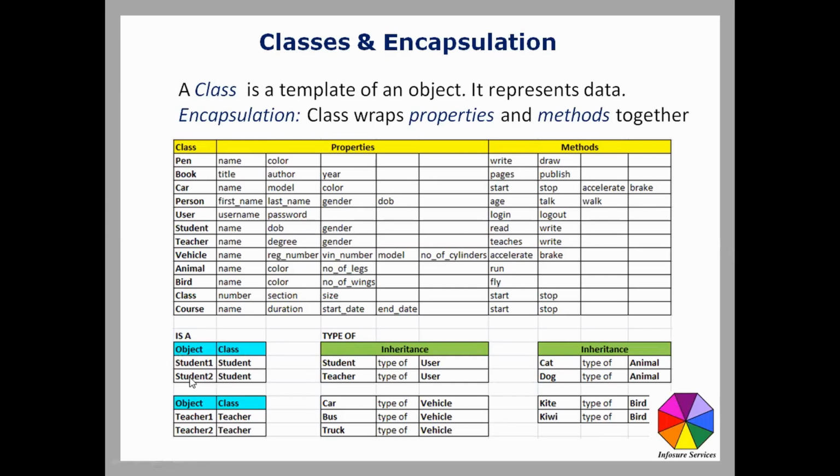So the relationship between an object and a class is an "is a" type of relationship. Object is an instance of a class. Student 2 is a student as well. Teacher 1 is a teacher. Teacher 2 is a teacher as well. Now we'll look at inheritance in a later session. We'll not go there right now.